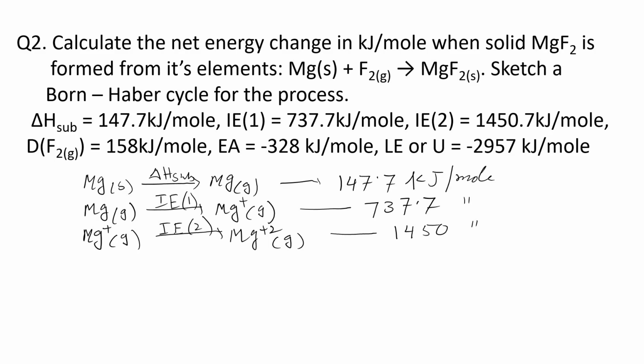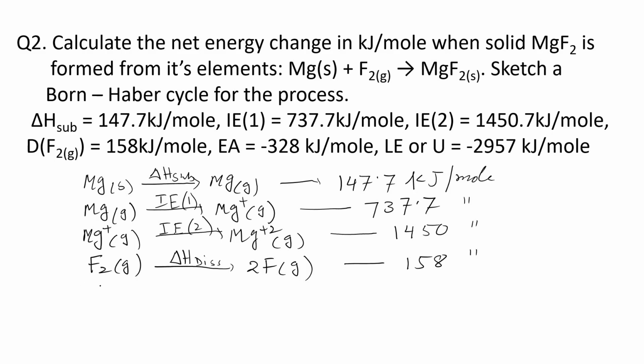Next, coming to the non-metal part, that is fluorine gas, and this undergoes dissociation. So that dissociation we'll write as delta H dissociation. Here, two fluorine atoms in the gaseous form, and this value is given as 158 kilojoules per mole.